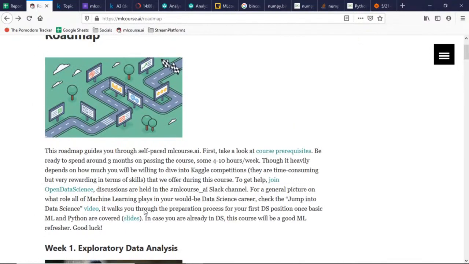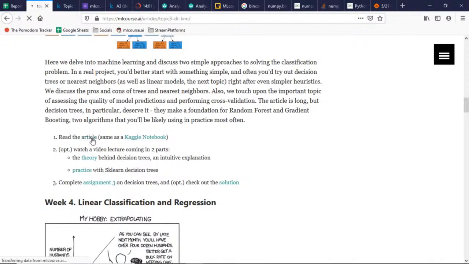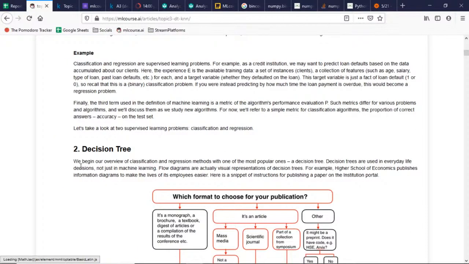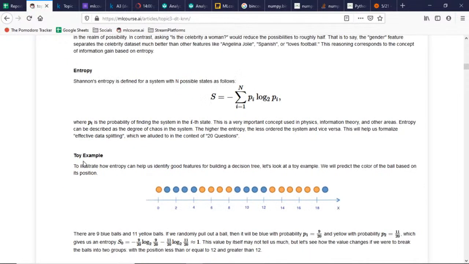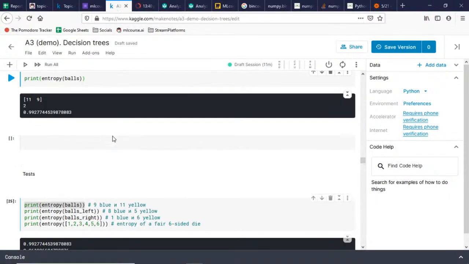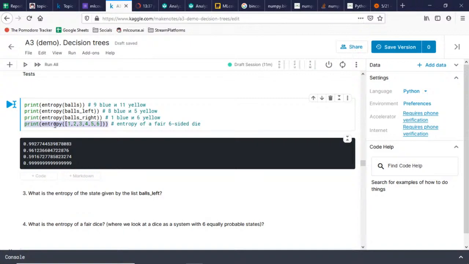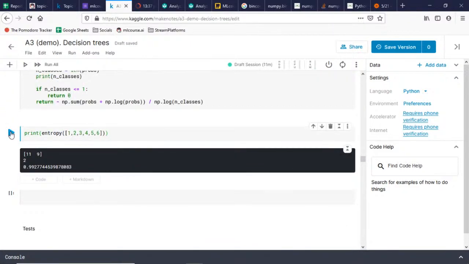okay, so I need to see again, read the article. Yeah, well, I thought that the base of this logarithm must be the number of classes, so if the number of classes will be, like in the last example, 6, the base of the logarithm must be 6. Well, I'm not sure.